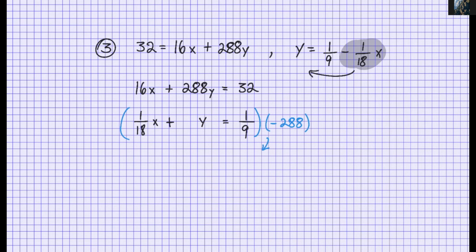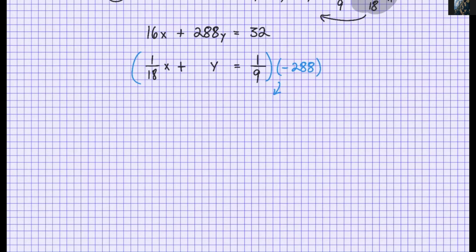So this negative 288 times 1 divided by 18 will be negative 16x minus 288y, and this will be equal to now negative 288 times 1 divided by 9 will be negative 32.